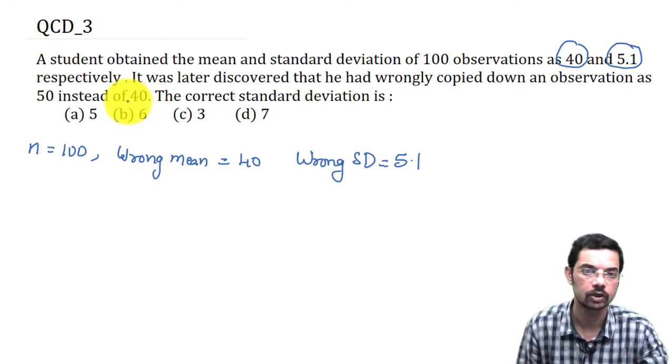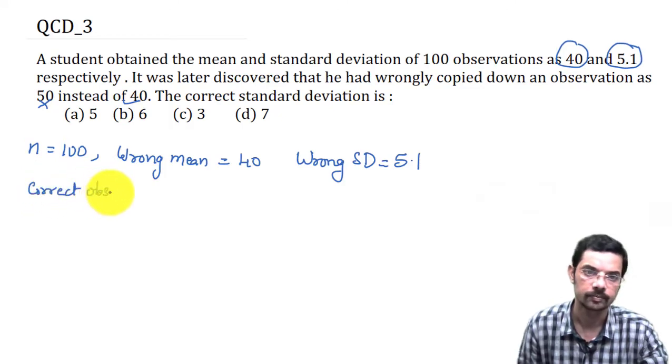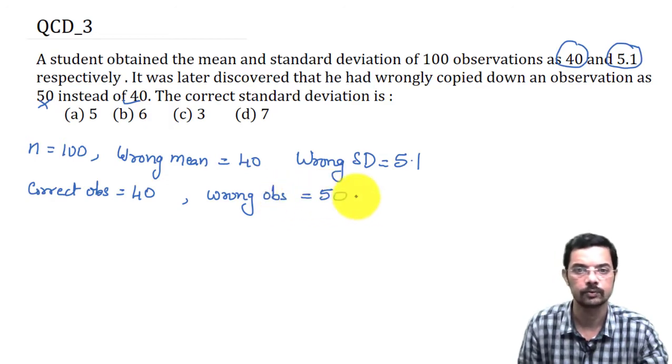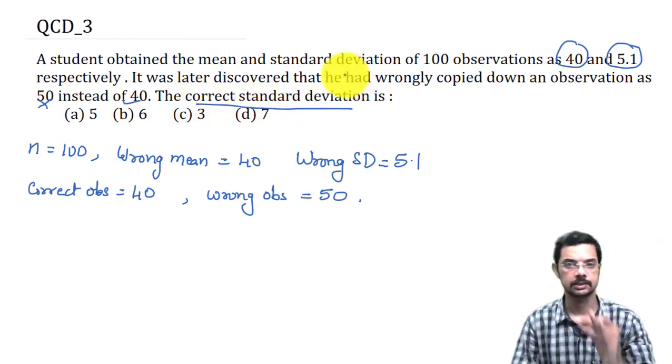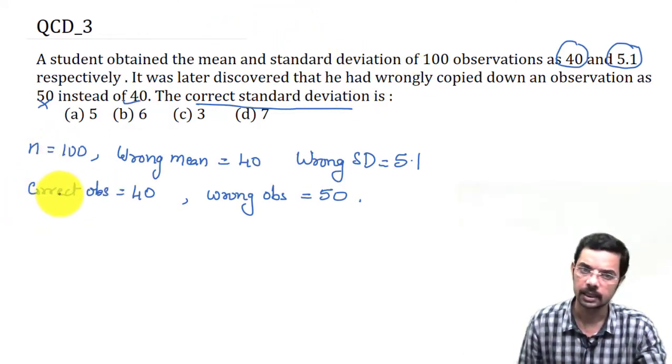So 40 is the correct observation and 50 is the incorrect observation. We need to find the correct standard deviation of this data after making some corrections.